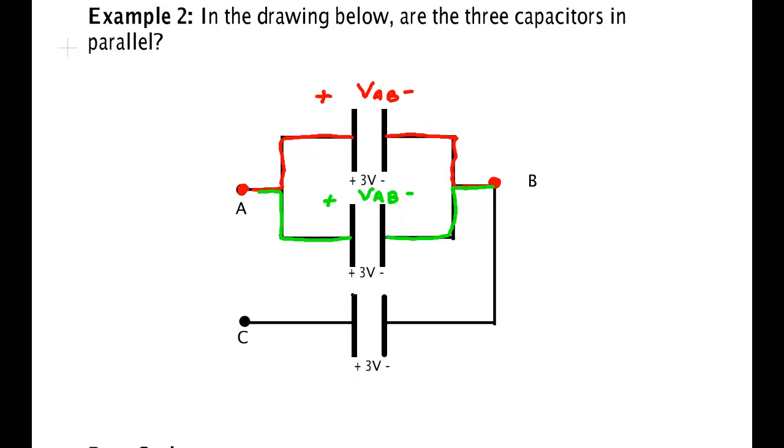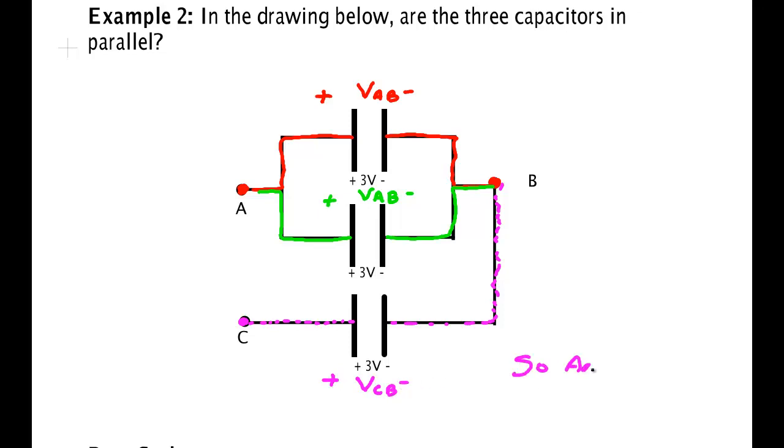But the capacitor on the bottom is not VAB. The voltage across it is actually between point C and point B. So its voltage is VCB.